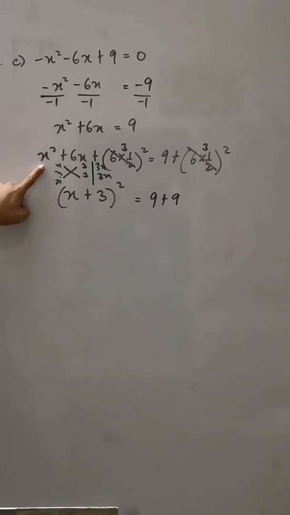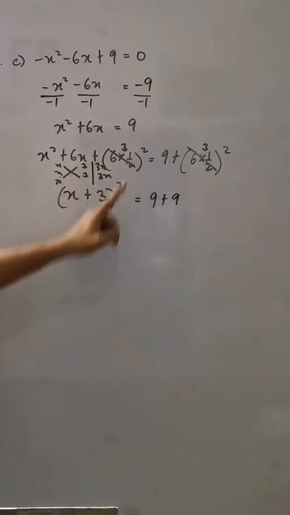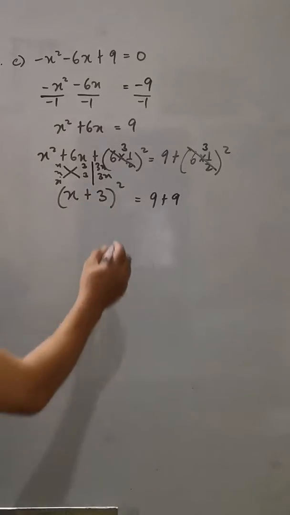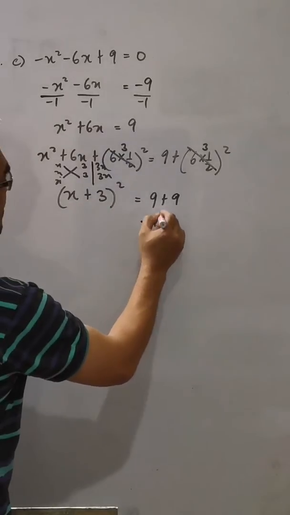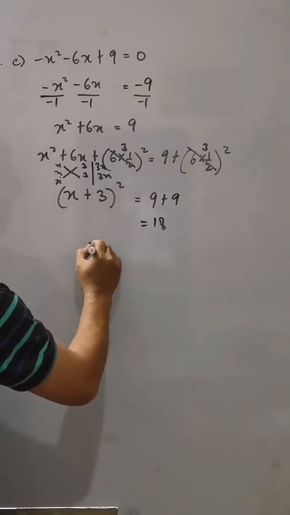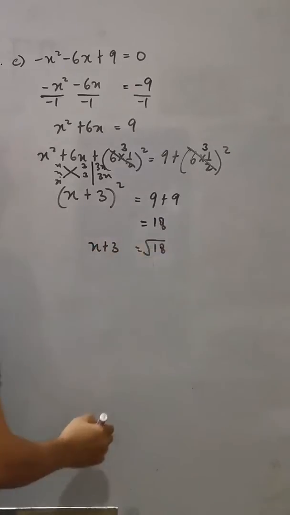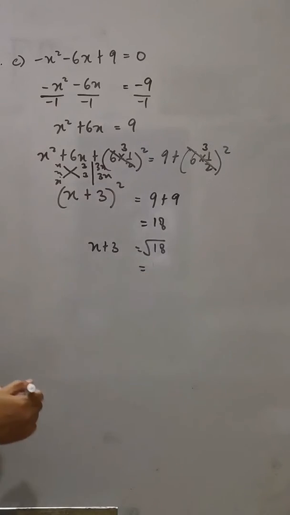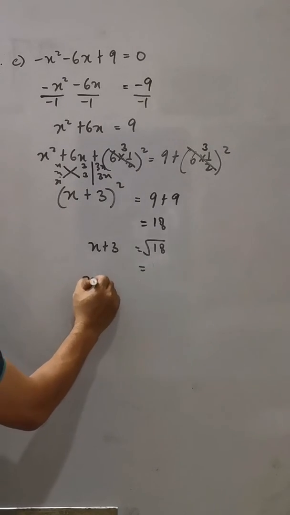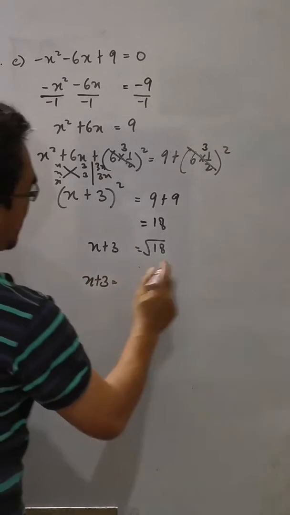So just take this, the symbol and the number squared. So 9 plus 9 will be 18. Then if you move the square, it becomes the square root of 18.